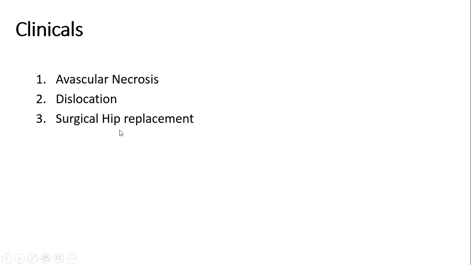Then we have surgical hip replacement. This procedure is common among the elderly that suffer from osteoporosis, and they are prone to easy dislocation of the femoral head from the hip joint, and they may require surgical hip replacement.